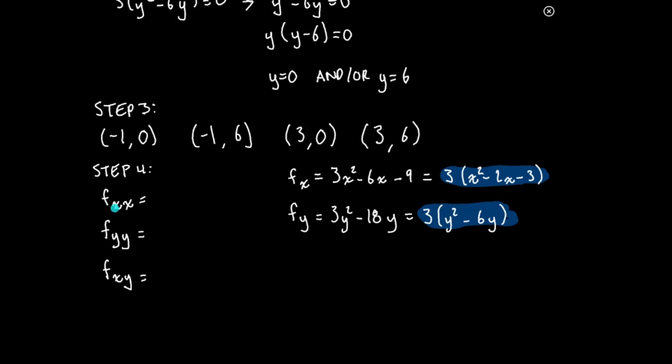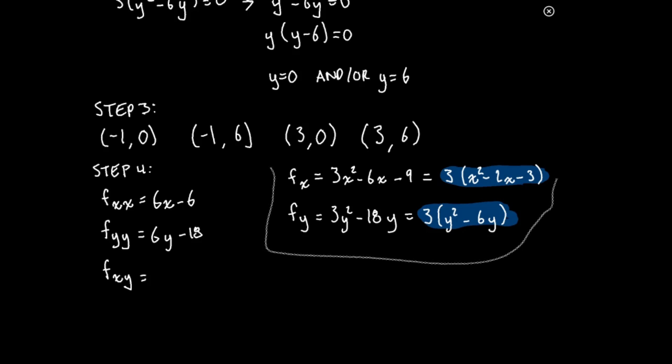So for the second partial derivative with respect to x, we're just going to do that for this function here, which comes out to 6x minus 6. And for y, if we did the partial derivative again, we get 6y minus 18.